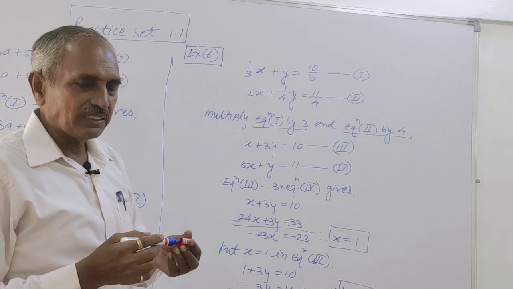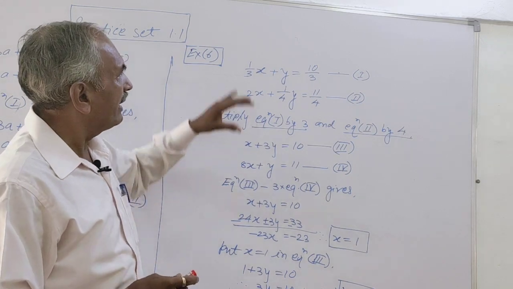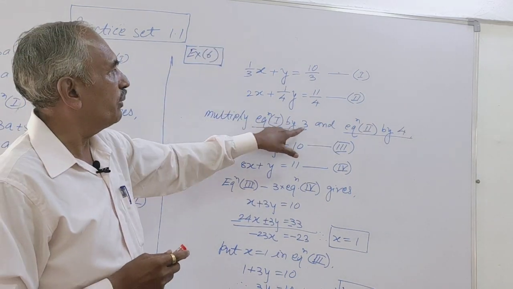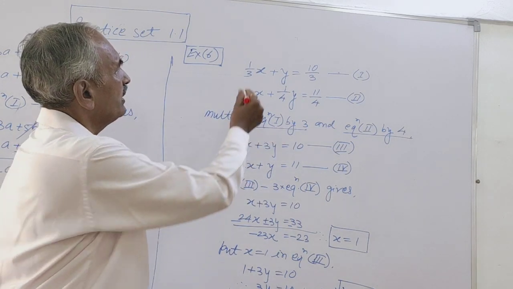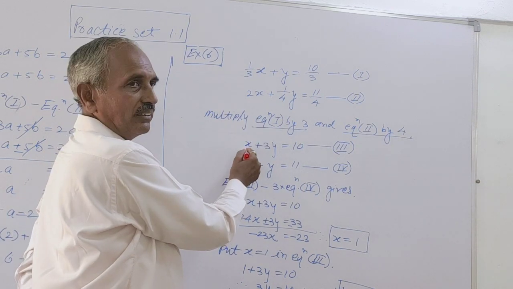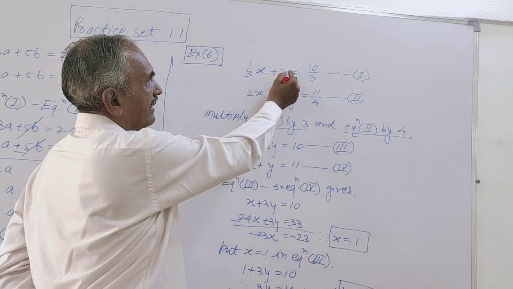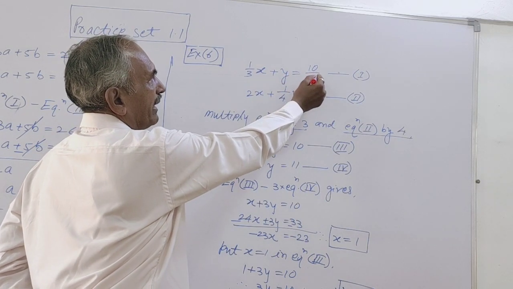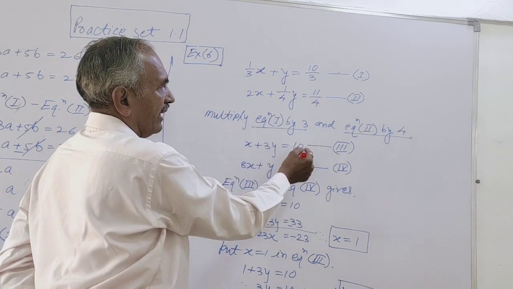These two operations I have to do. I am multiplying this equation by 3, first step. When I multiply by 3, the 3 gets cancelled, x remains. This is multiplied by 3, 3y. This is equal to, multiplied by 3, 10 remains.